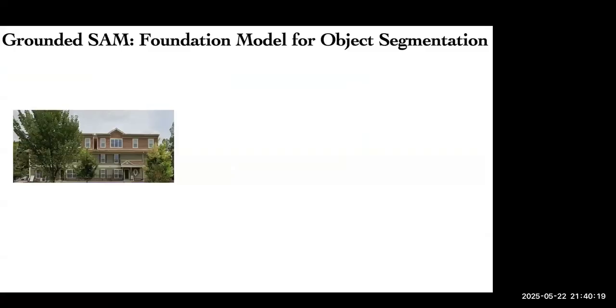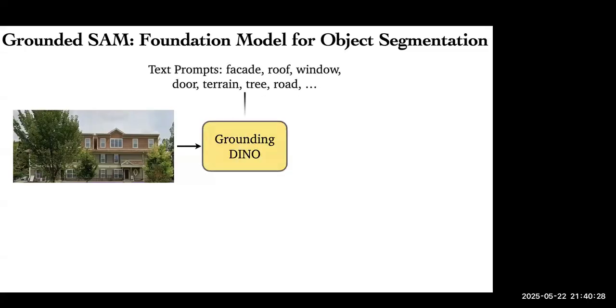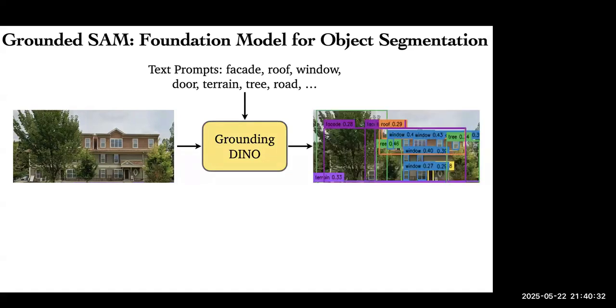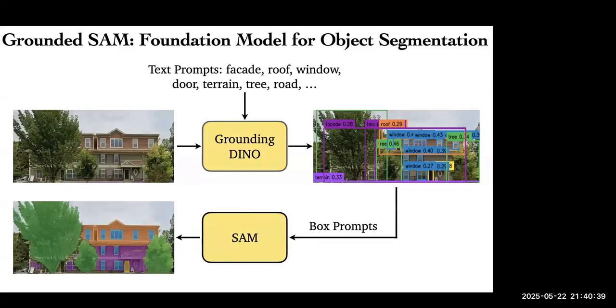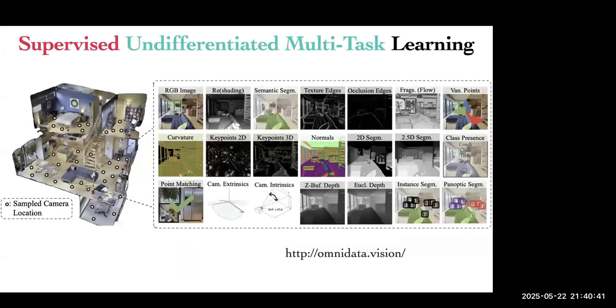Combining these foundation models, there's Grounded SAM for object segmentation. With Grounding DINO, you can detect things of interest given text prompts, and then you have boxes. With the box prompts, you can call SAM, and it gives you detailed segmentation.